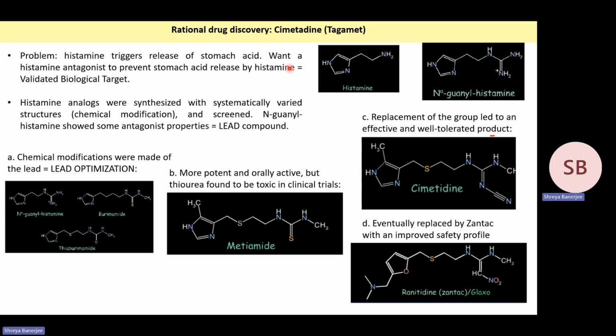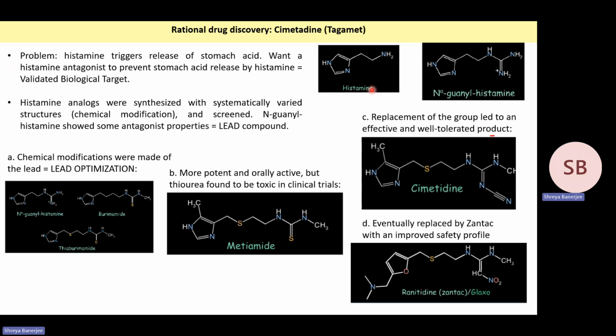So the need was that we need a histamine antagonist which prevents the release of stomach acid. So that is the biological target. So this is the natural histamine molecule. So we want a molecule which is similar to histamine, but which has higher binding affinity compared to histamine. So it will bind to the receptors of histamine and it will block the activity of histamine.